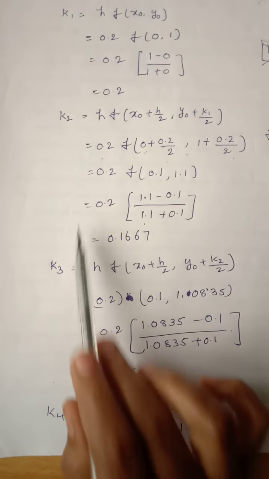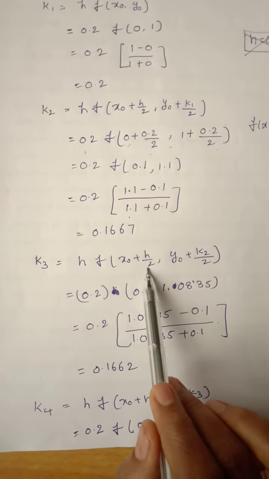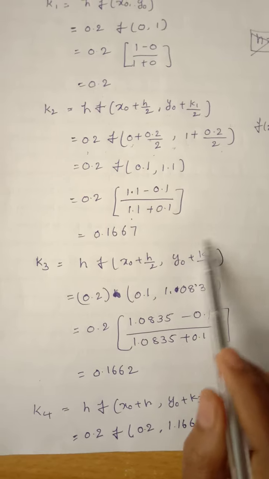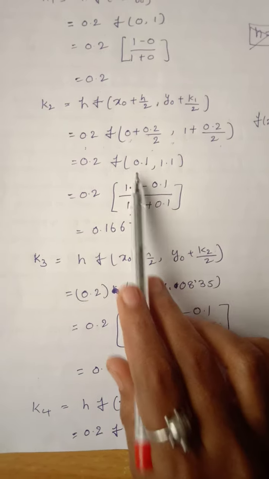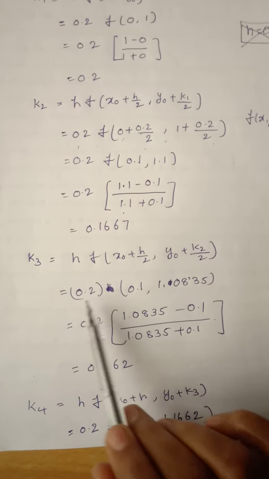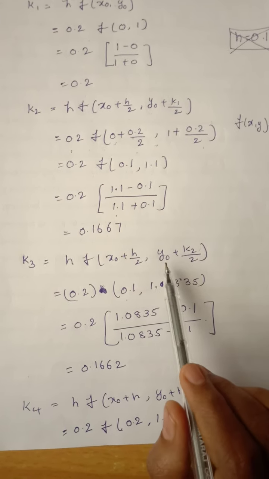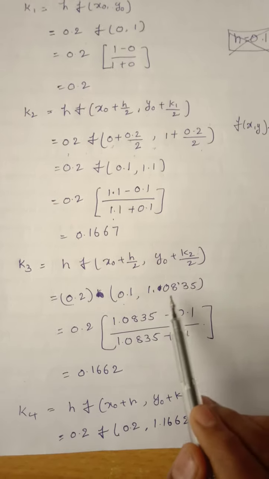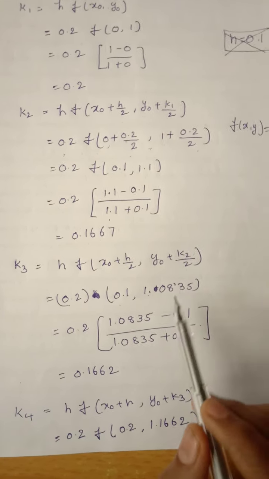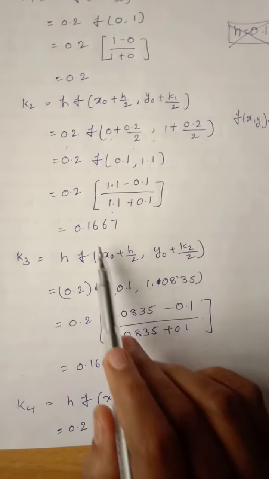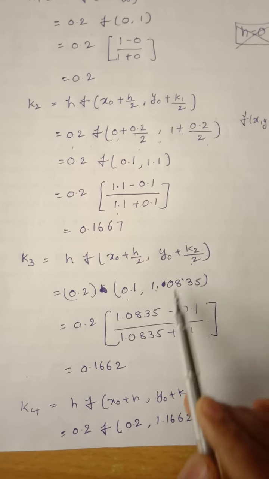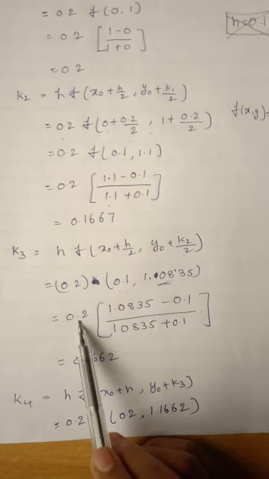Now after finding k2, find k3, h into f of x naught plus h by 2, y naught plus k2 by 2. Only this value will change, the remaining are the same. That's why I have written h is 0.2 and this is 0.1, and y naught plus k2 by 2 I have written directly as 1.0835, that is 1 plus this value divided by 2.